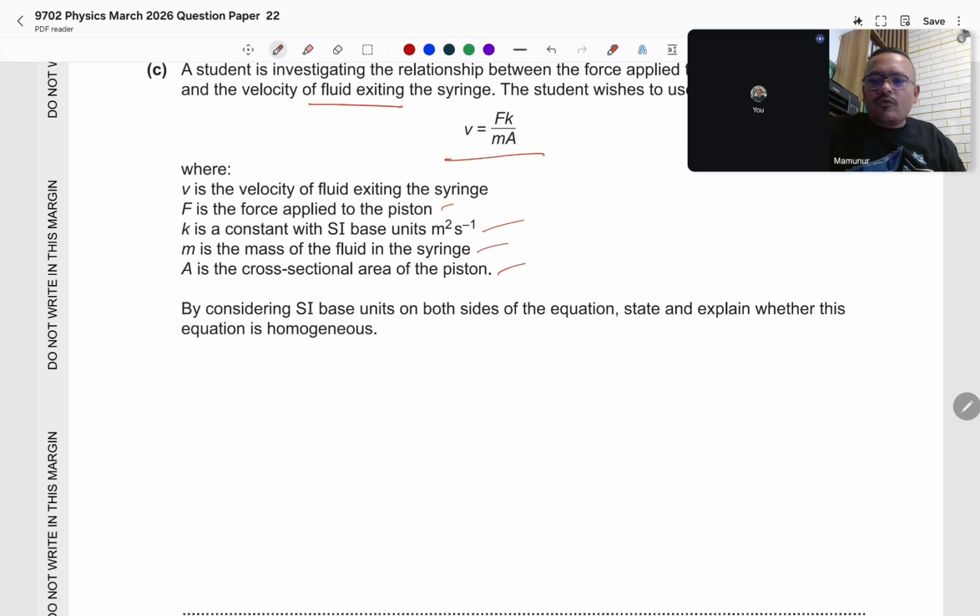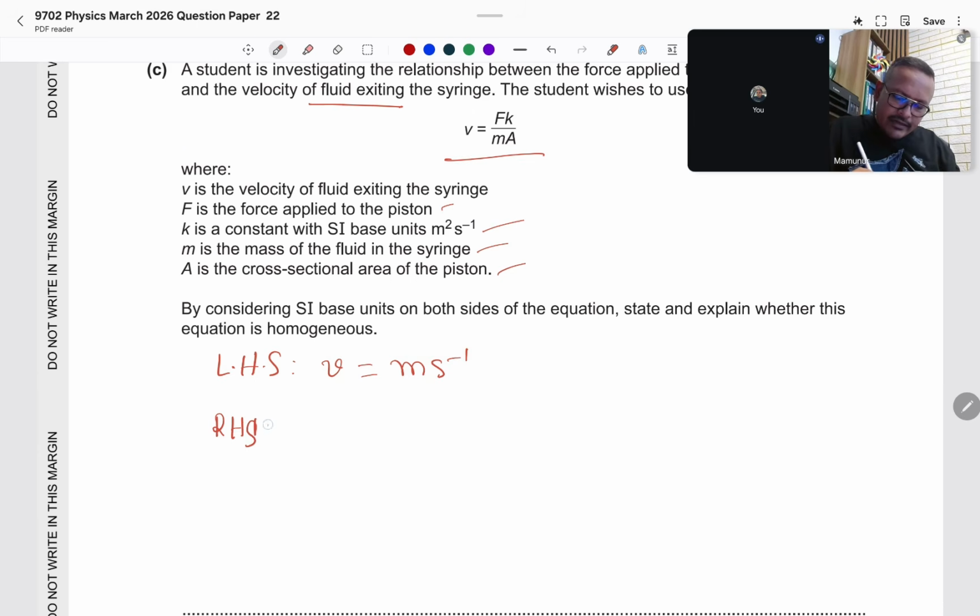What is the condition for a homogeneous equation? The condition is that on either side of the equation, the base units will remain the same. So on the left hand side, we know that v is the velocity, SI unit meter per second. Now we will check if the right hand side unit is meter per second or not.